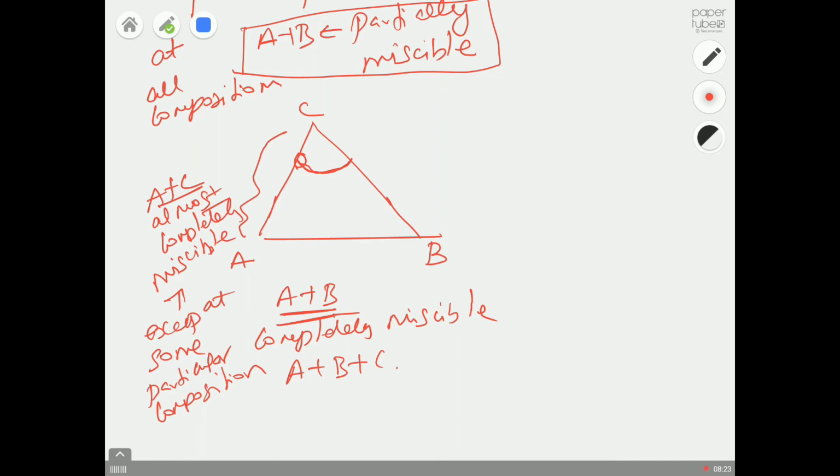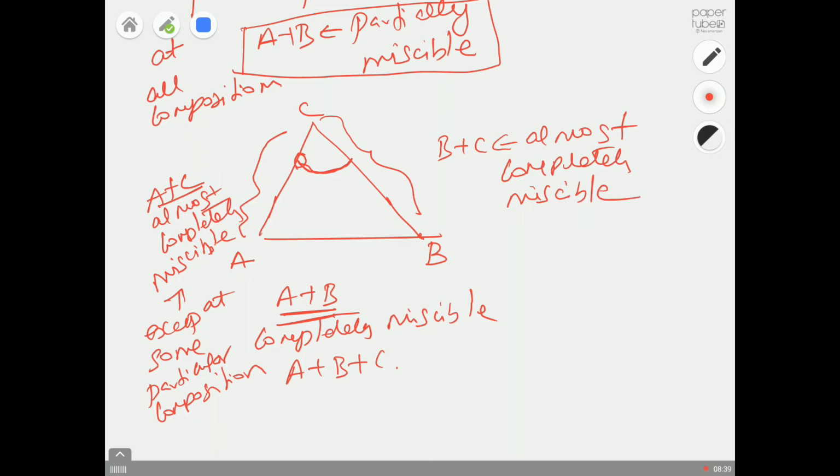Same rule goes here. B plus C is almost completely miscible. In industries, we will encounter all these different types of systems.